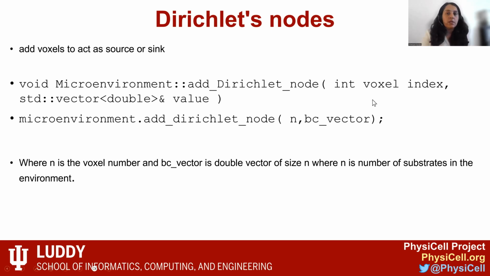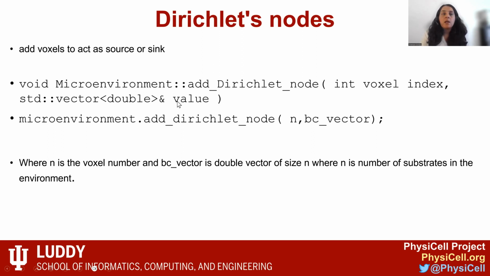We can use add Dirichlet node, and we give it a voxel index, which voxel we want to add the Dirichlet node to, and what are the values of the vector that you want to set. So this vector would be size n, where n is the number of substrates in the system. So if there are 3 substrates, it will be size 3, and it will set the values to that.